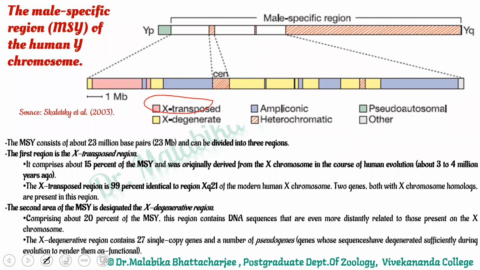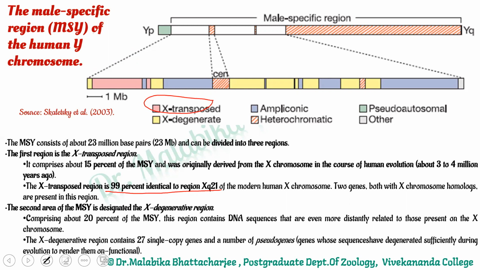It comprises 15% of the MSY, and it has been seen that in evolution, it was derived from the X chromosome, and hence it can pair with the X chromosome. The X transposed region is 99% identical to the X long arm 21 region.